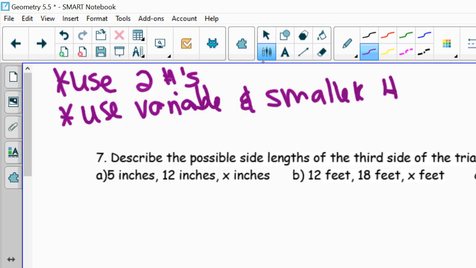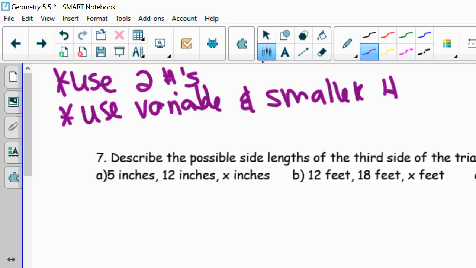So describe the possible side lengths of the third side of the triangle. So for part A, I have a 5-inch side, a 12-inch side, and then X. They want to know what possible numbers could I have for X. And again, there's going to be more than one correct answer here. It's not just going to be one answer that will work with a 5 and a 12.